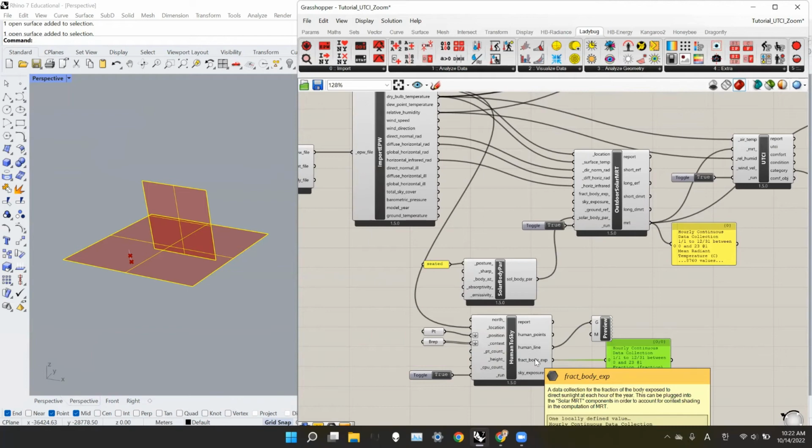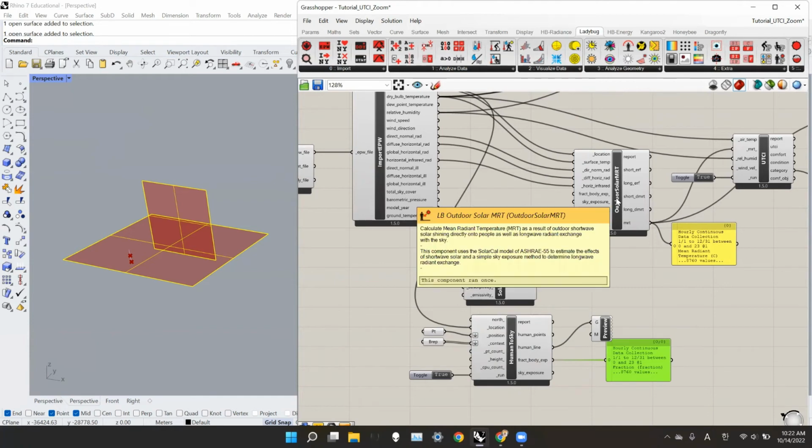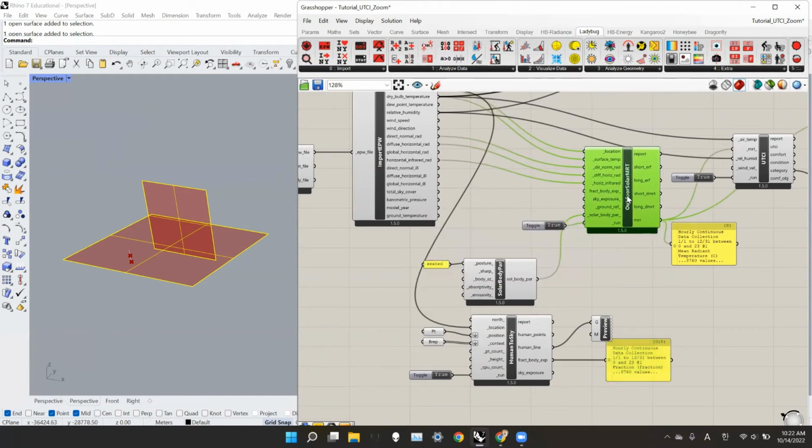So this tells how the body is exposed to the solar radiation every hour, and it will change the mean radiant temperature outside. So we will use this one over here, and also sky exposure, how much the person is exposed to the sky.